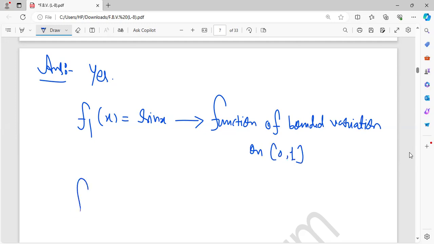Let f2 be equal to x plus 1. This is a polynomial, and polynomial functions are functions of bounded variation on any closed interval. So this is a function of bounded variation on the closed interval [0, 1] as well.